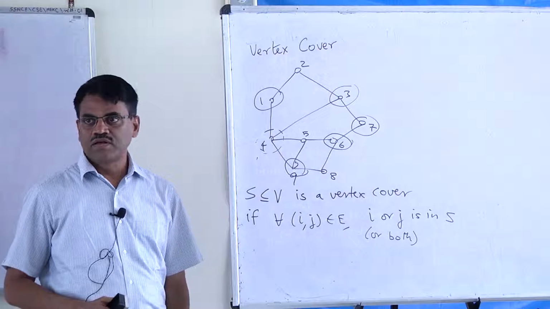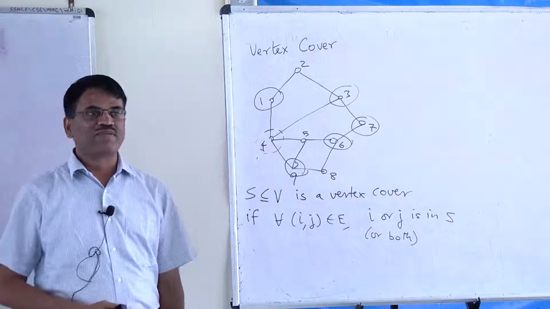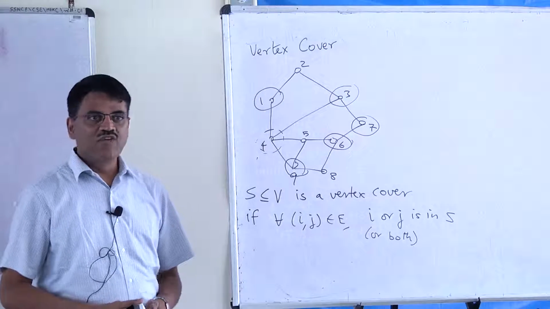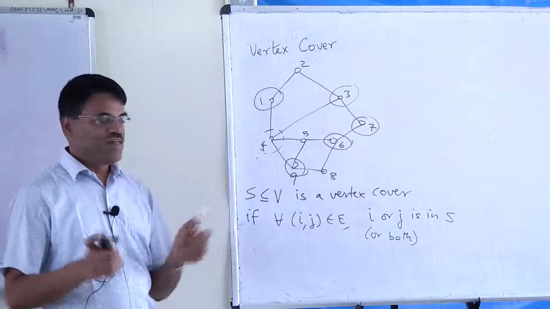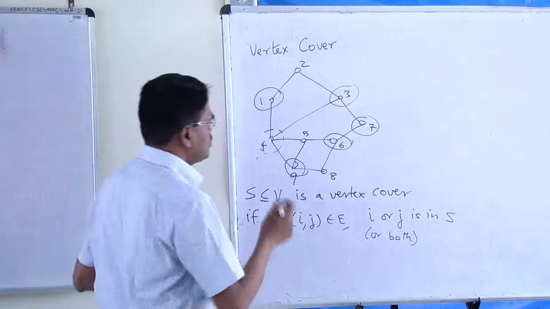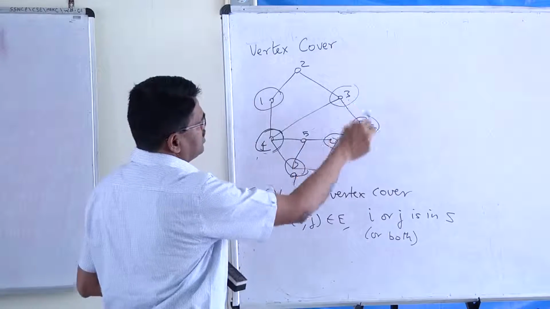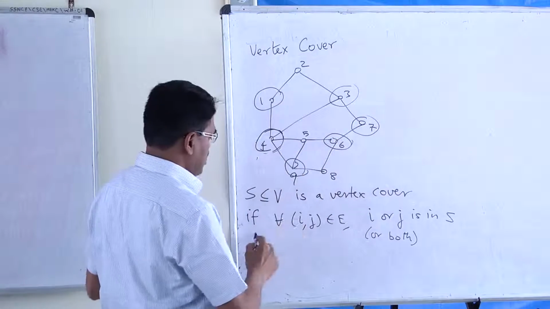Everybody agrees? He's not agreeing, but let's see if anybody disagrees. The 4, 5 edge is not covered, right? So that is the vertex cover. So 1, 3, 6, 7, 4, 9 is a vertex cover.